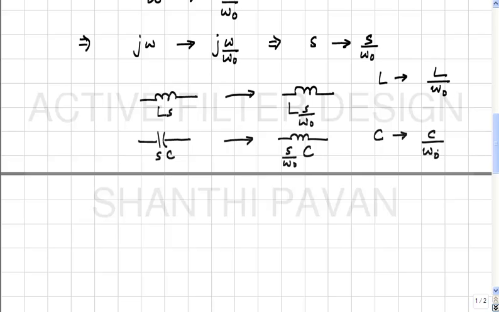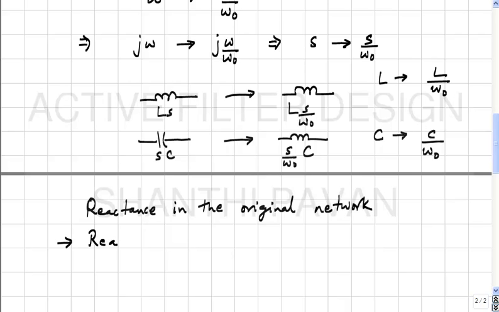All right. So what have we seen? We have seen that one reactance in the original network becomes a reactance in the transformed network.